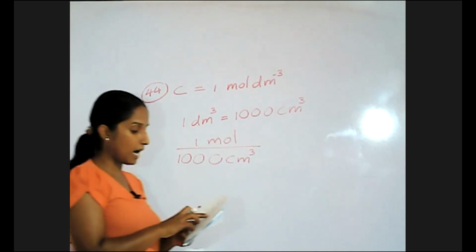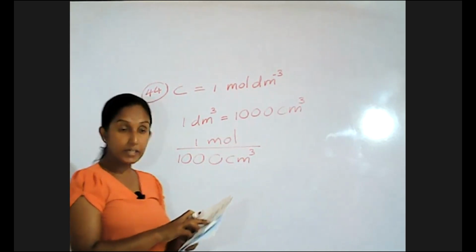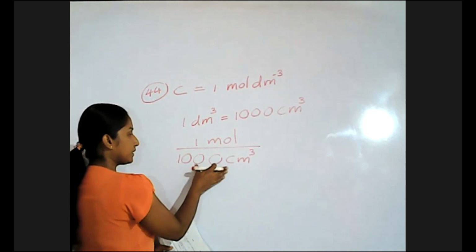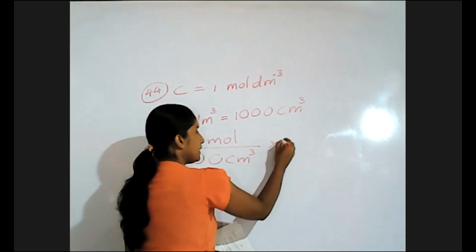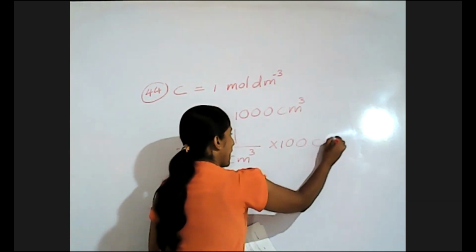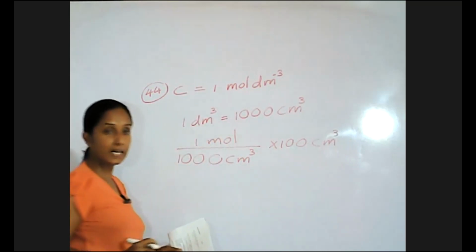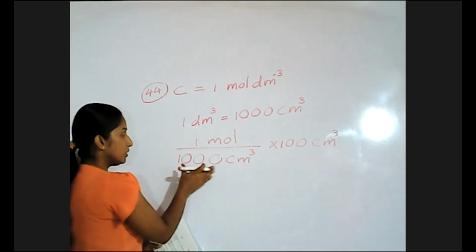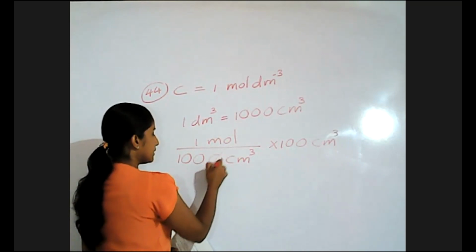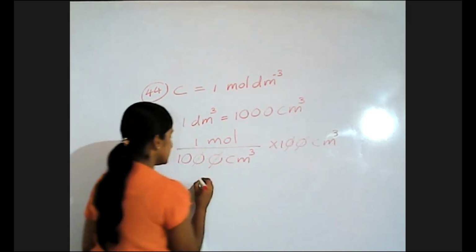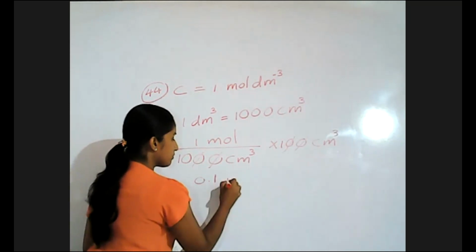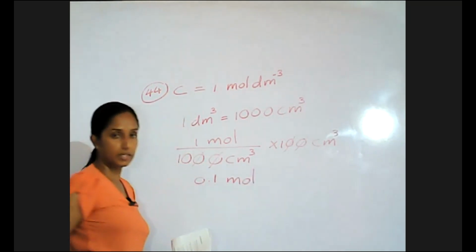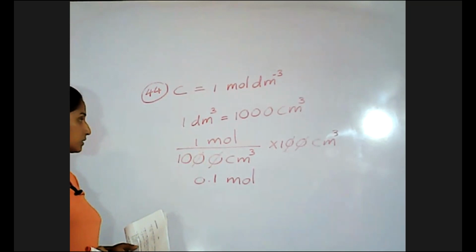Then they have asked for 100 cubic centimeters. In 1000, 1 mole. Then in 100, I am doing these calculations for the structured or the essay paper. So, what is the answer here? It is 0.1 moles.